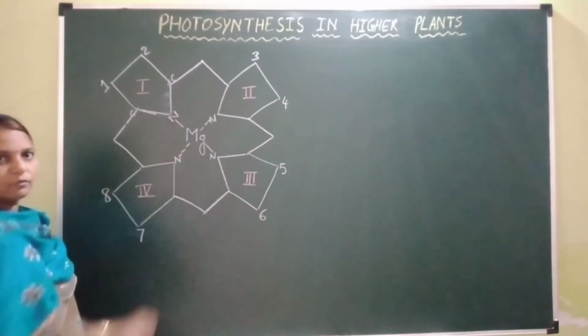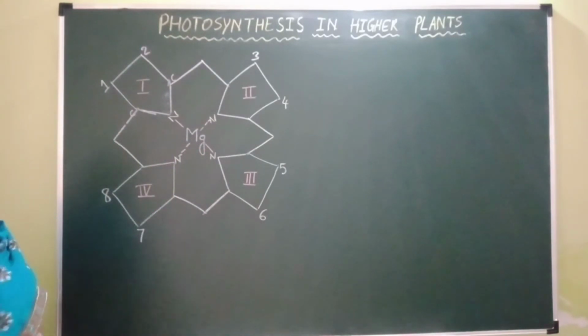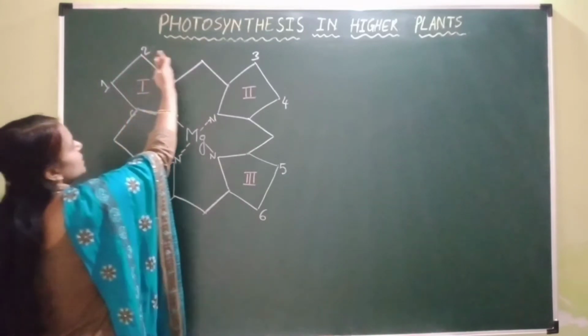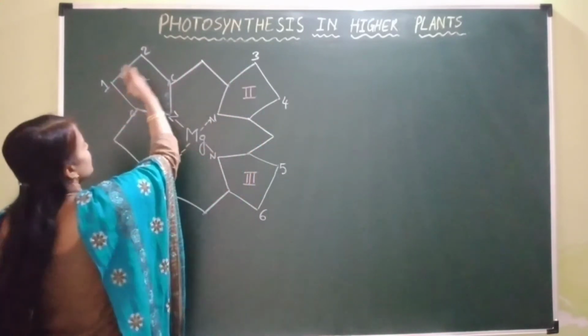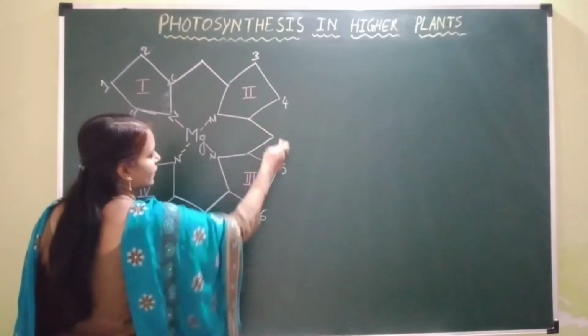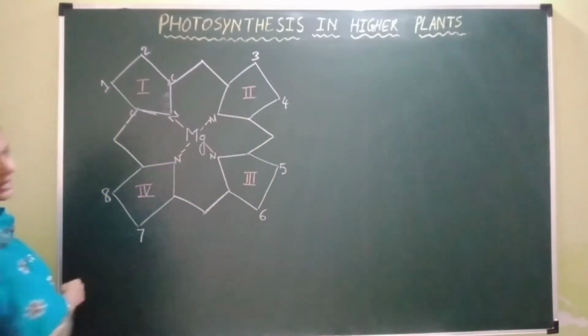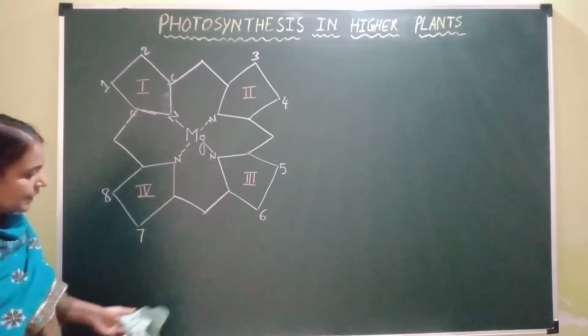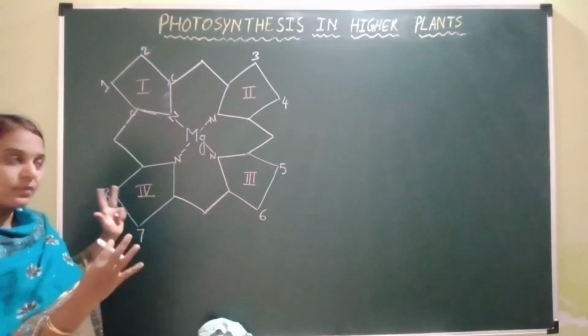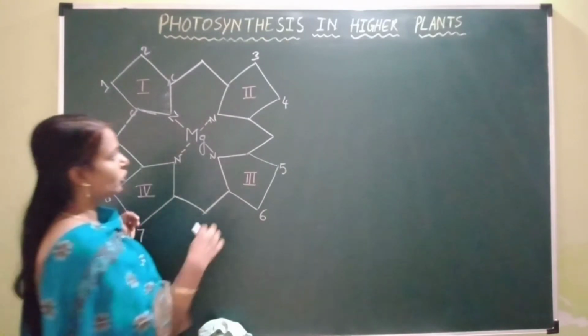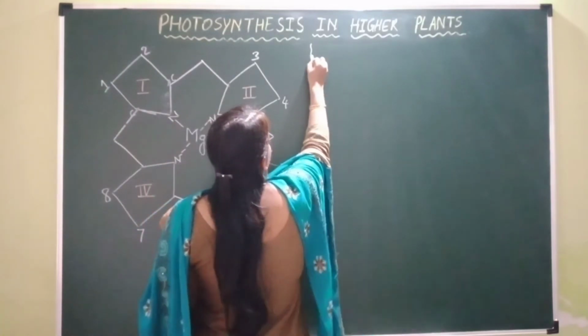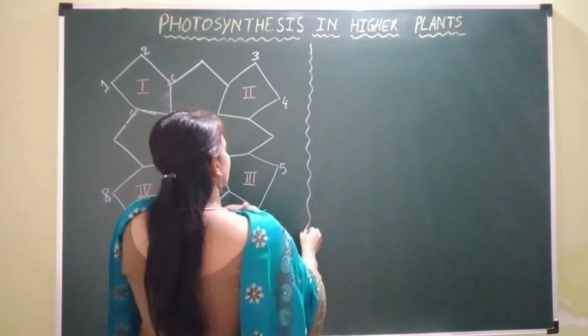And the free carbons which are present towards periphery, we number them as first, second, third, fourth, fifth, sixth and seventh, eighth. So now let's see what groups are attached at these free carbons.